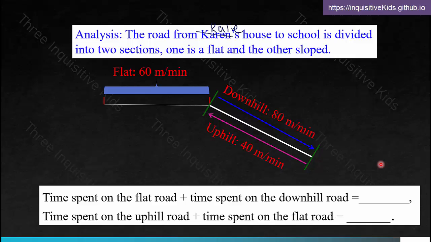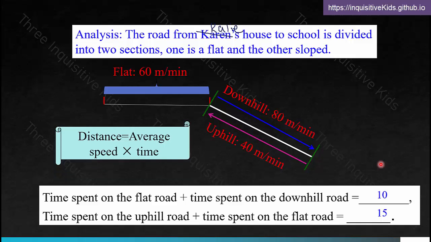So the time spent on the flat road plus the time spent on the downhill road, right, that would be her time going from home to school, and that would be 10 minutes. Time spent on the uphill road plus time spent on the flat road, which is going from school back home, is equal to 15 minutes. And remember, distance is the average speed times time. This is the very important formula to solve all itinerary problems.